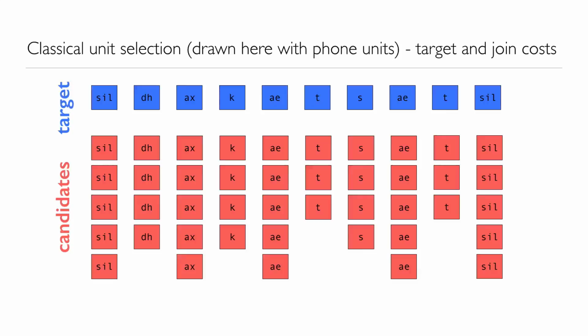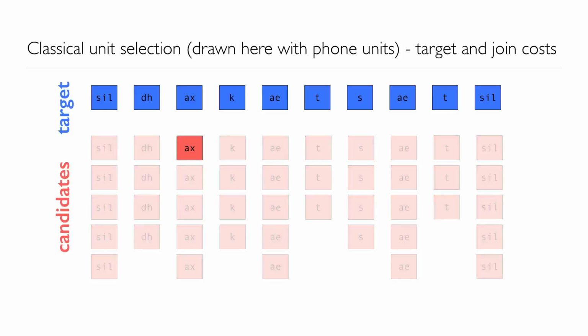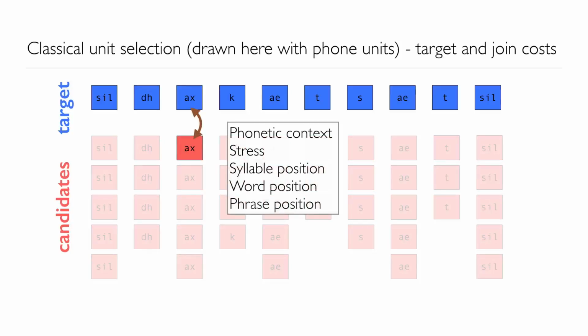This is because in unit selection, we have two important factors, target cost and join cost. For the target cost, we give a reference target, and we compute the cost between the reference and the candidate unit. Usually, in classic unit selection, we use some categorical features to compute the target cost.